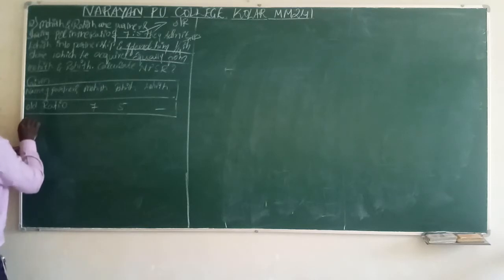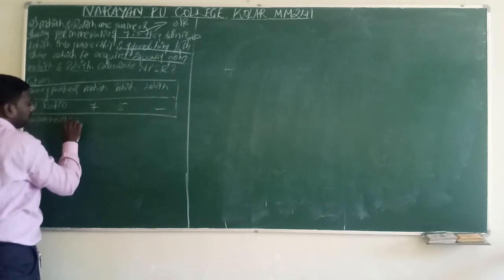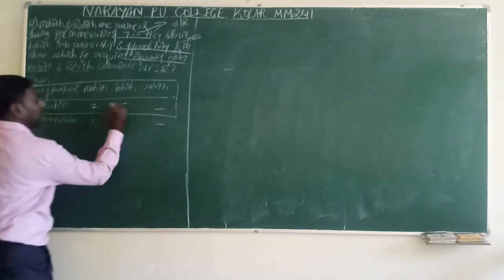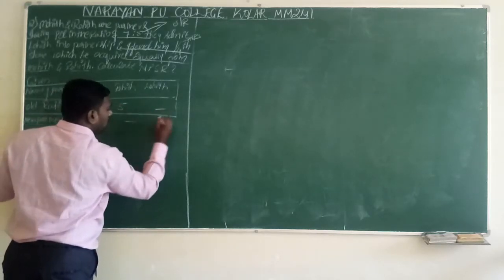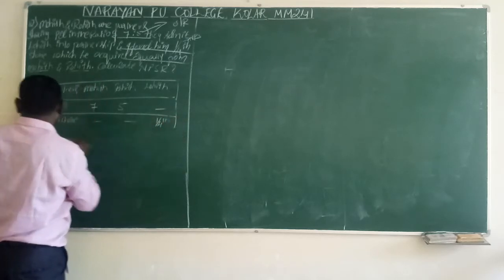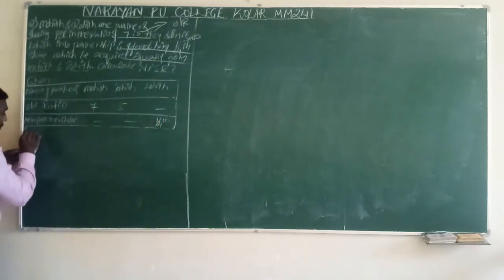Next, new partner's share is 1/4, 1 divided by 4.